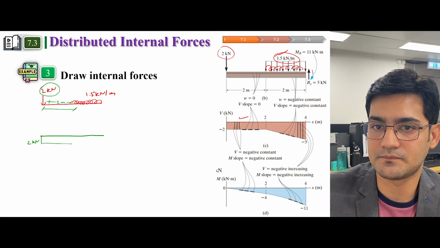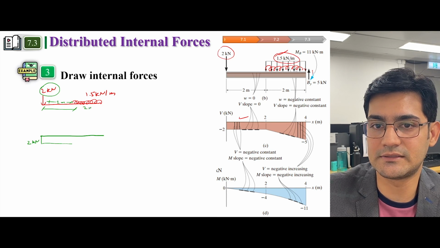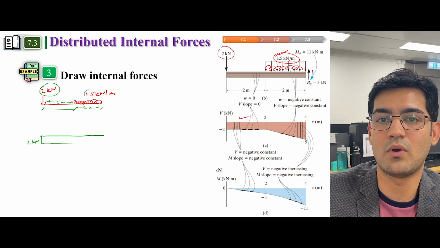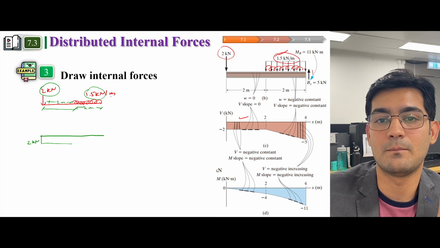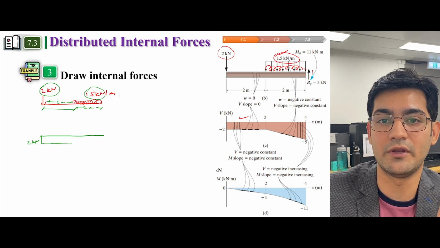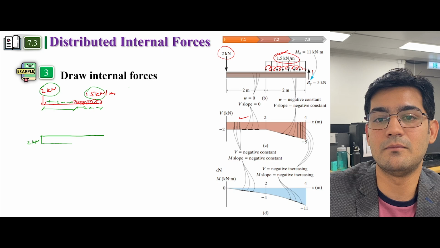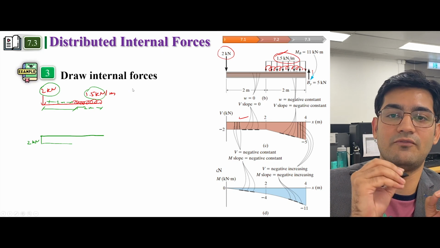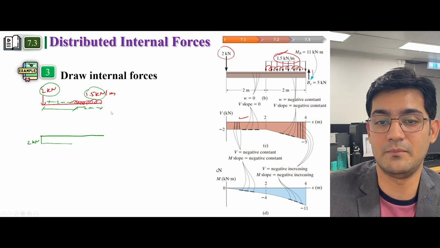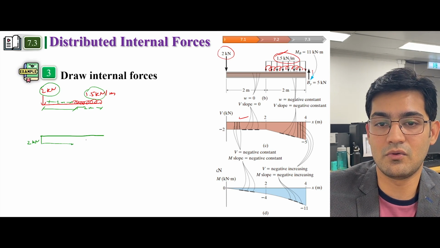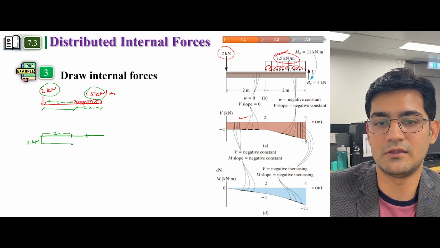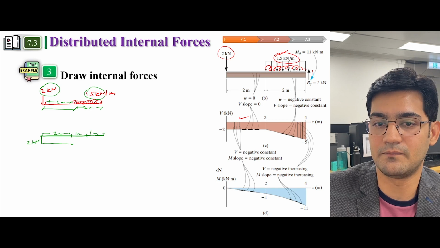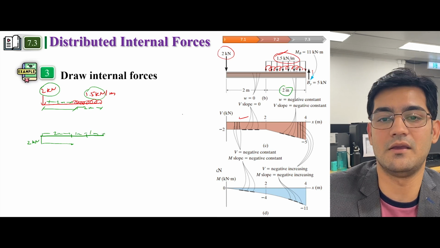From here it says that for the next 2 meters you have 1.5 kilonewton per meter of distributed loading. So it means that at every meter I have to add 1.5 kilonewton, because 1.5 kilonewton is acting on every meter. So if I go 1 meter forward, this was 2 meters, and this is 1 meter, and this is 1 meter, and you can see this from here.